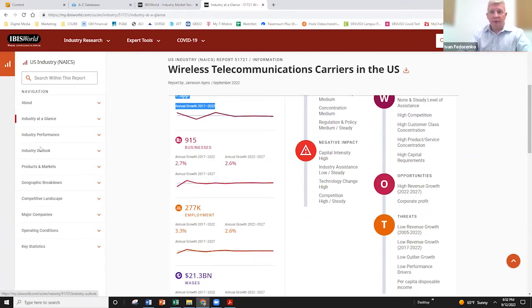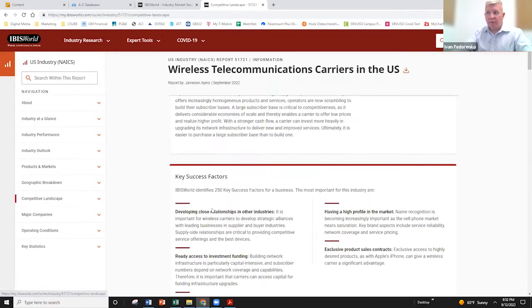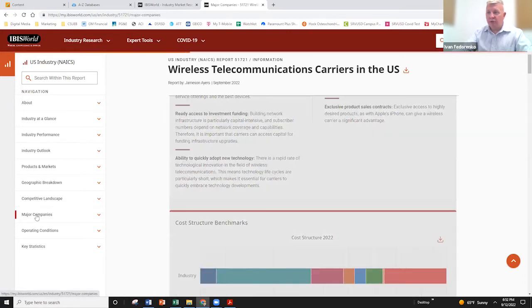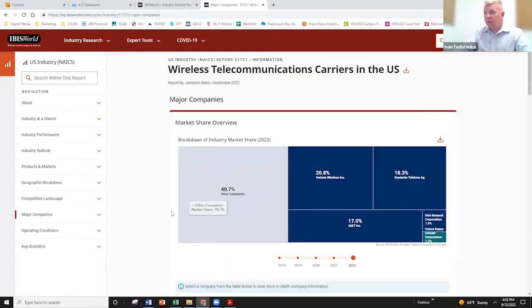And for the competitive landscape, the major companies in this industry include Verizon with a market share of 20%, AT&T with a market share of 17%, and Deutsche Telekom.